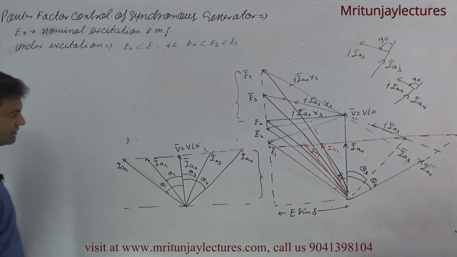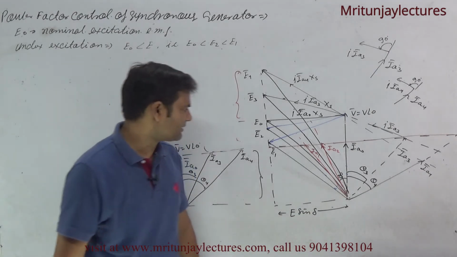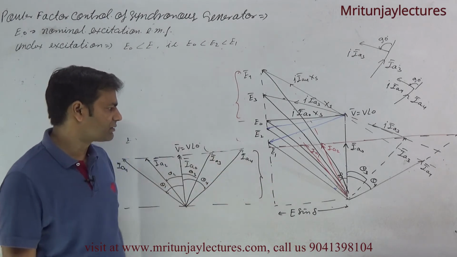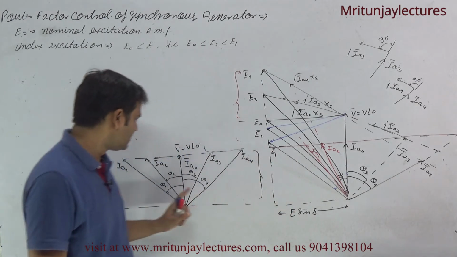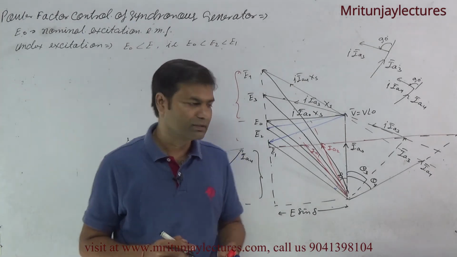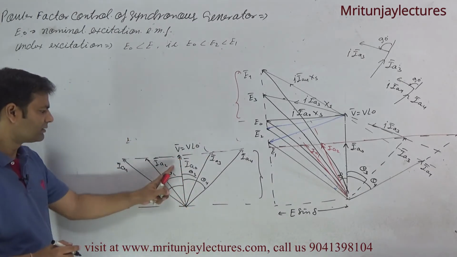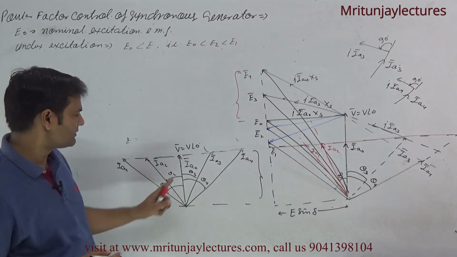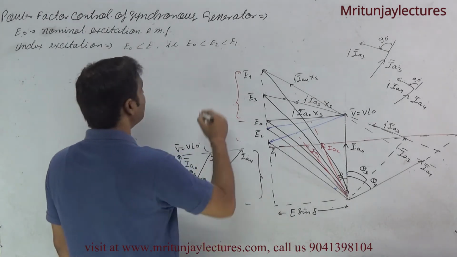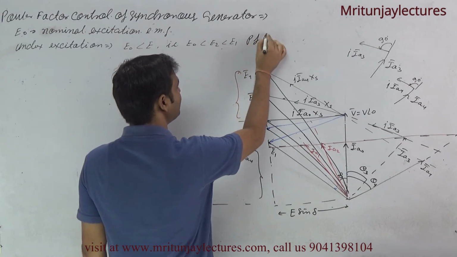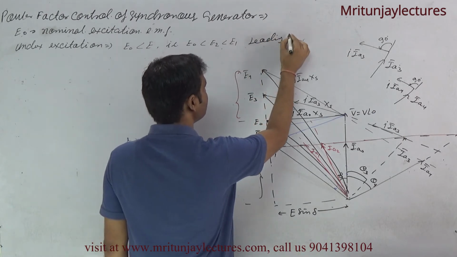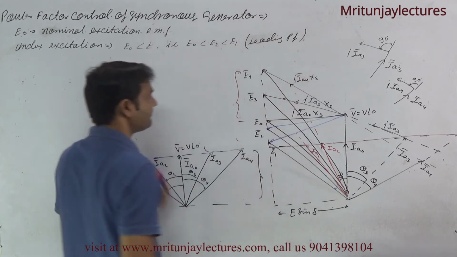Okay, in this region, under excitation, what about current? That is IA1, IA2. Are IA1 and IA2 leading or lagging? They are leading corresponding to V. That's why, what about power factor? Power factor is leading. In this region, leading power factor. Clear?